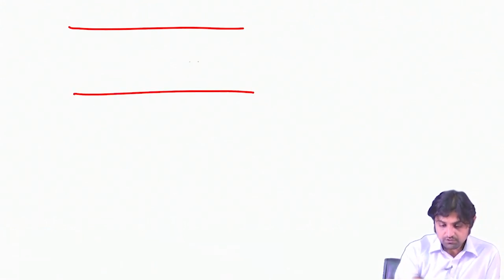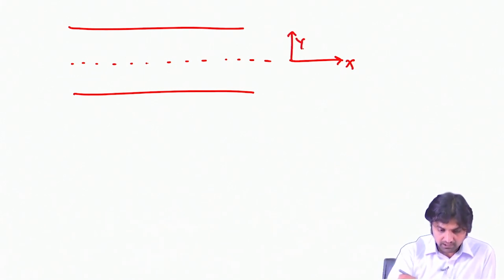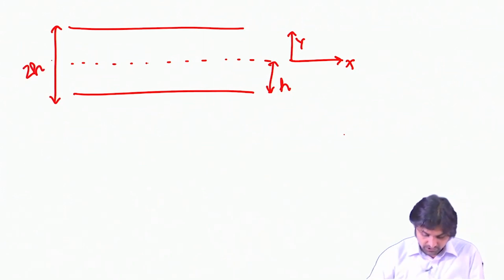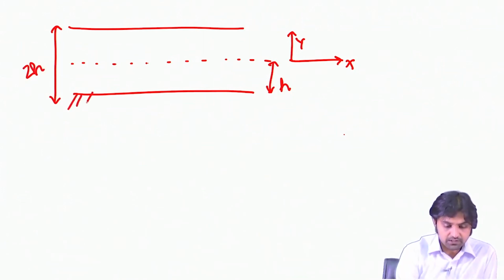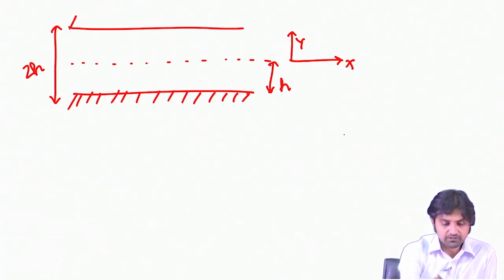And we draw, so if this is the center line, let's say we are going to draw x axis in this direction, y axis is then this direction, this is h, okay, the total thickness is 2h, all right. So the width will be used when calculating the discharge.